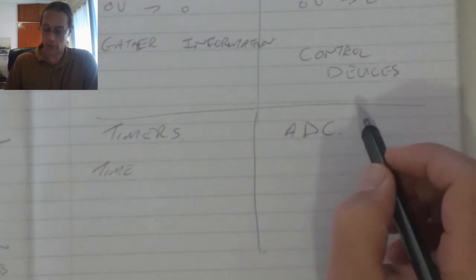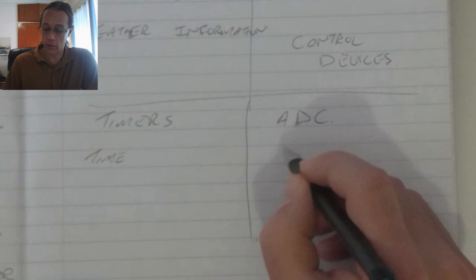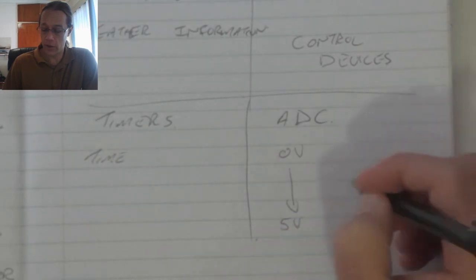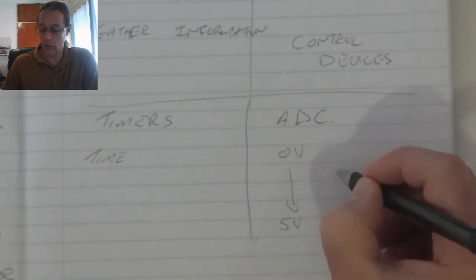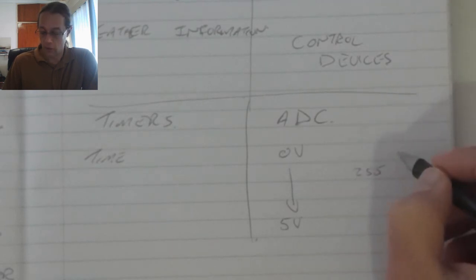The analog to digital converter functions by taking your input, which ranges from 0 volts to 5 volts. That range is then divided into 255 pieces.